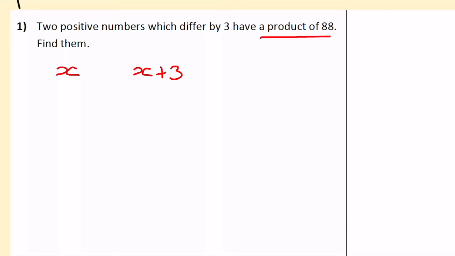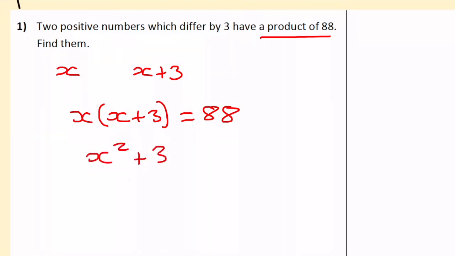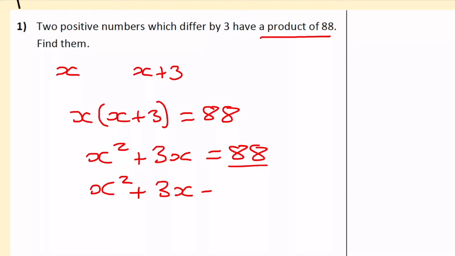Now we've got our 2 positive numbers which differ by 3. They have a product of 88. So that means when you multiply them together, so here we're going to do that by using brackets, we get 88. Now it's similar to the previous question. Let's expand it. x squared plus 3x equals 88. Now we need it to equal 0, so subtract 88. x squared plus 3x minus 88 equals 0.